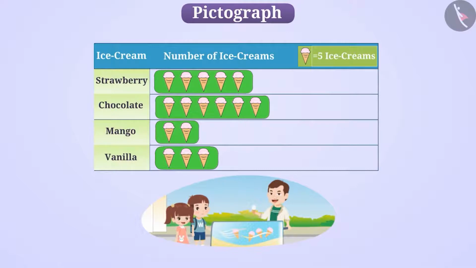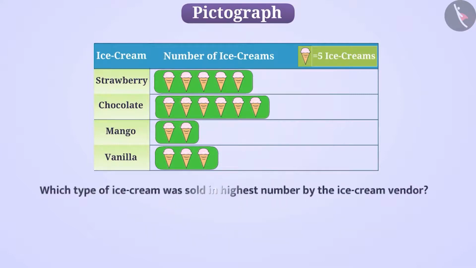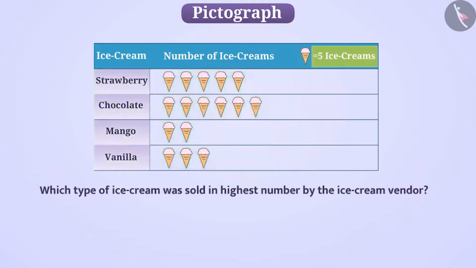At the same time, we can also compare them without knowing their numeric value. Like, can you tell me which type of ice cream was sold in highest number by the ice cream vendor? Think for a while. Correct. Here, maximum images are drawn in the row of chocolate ice cream.